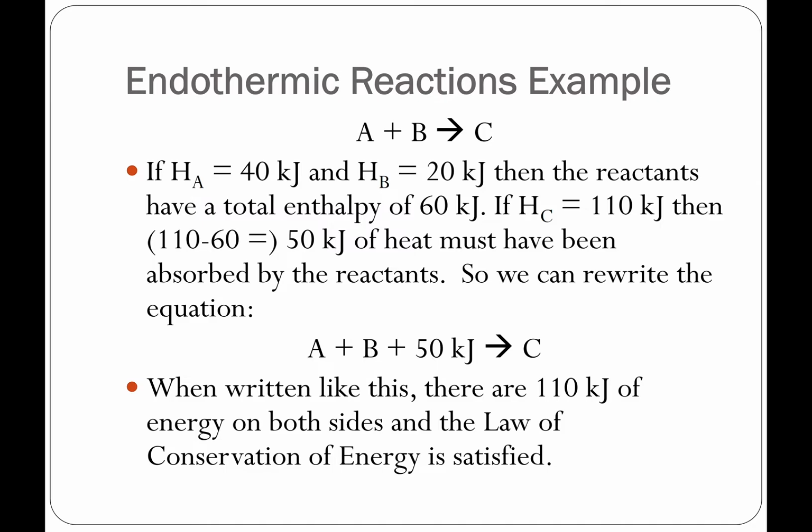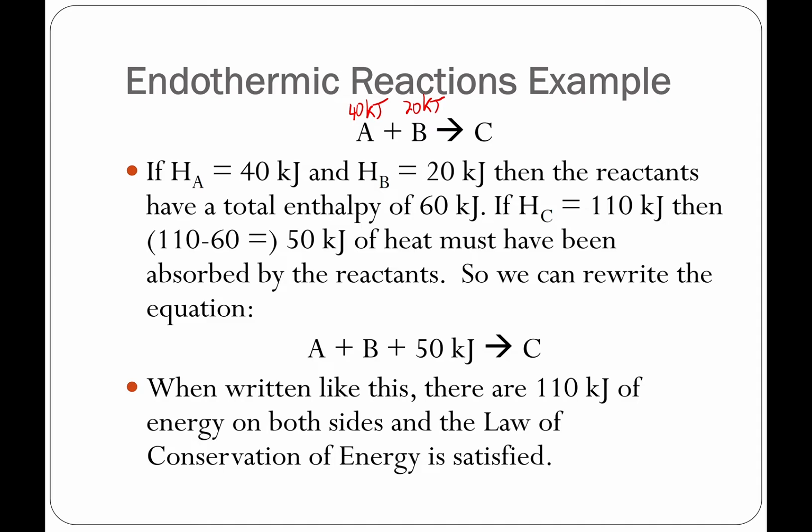Let's look at an example. Remember, we want to think of our law of conservation of energy. So if the heat of A in this reaction, A plus B yields C, this is a synthesis reaction, we have 40 kilojoules as the heat of A, and the heat of B is 20 kilojoules. Then the reactants have a total enthalpy of 60 kilojoules.